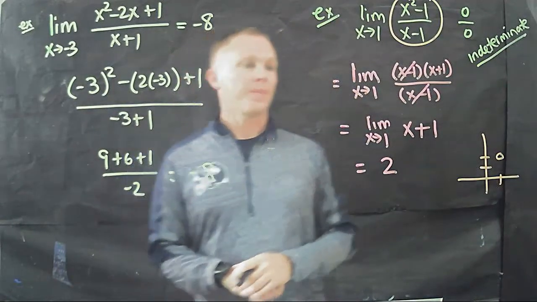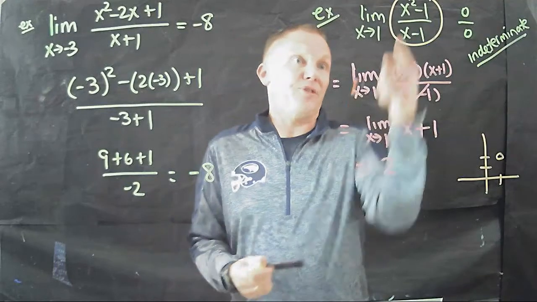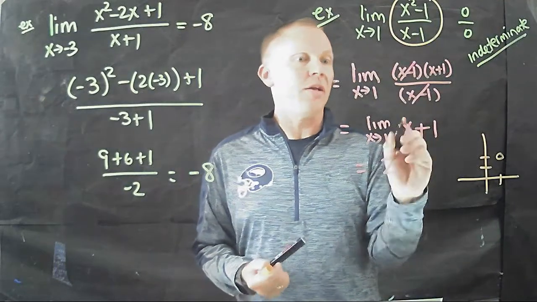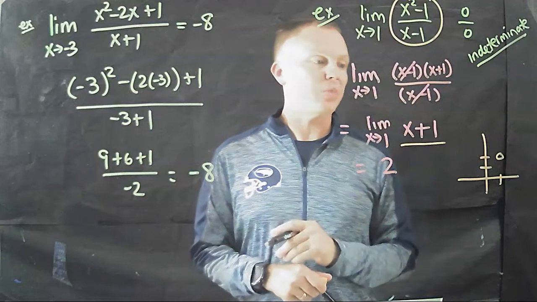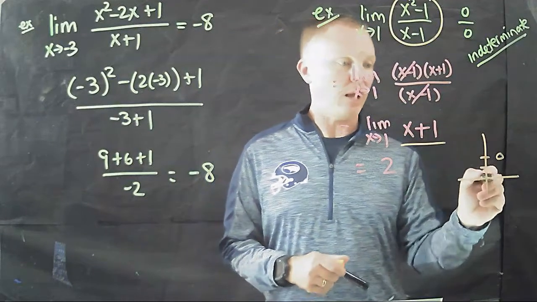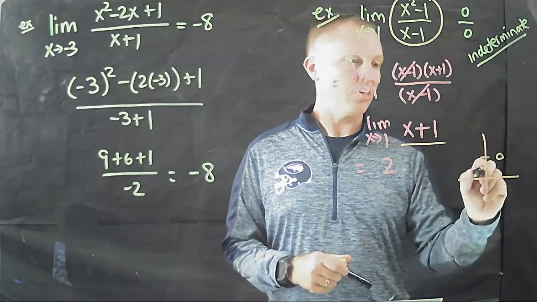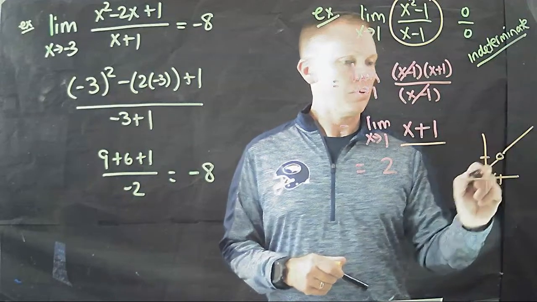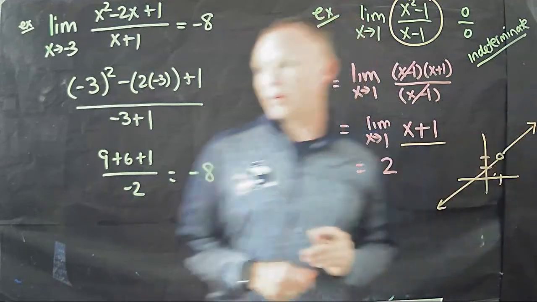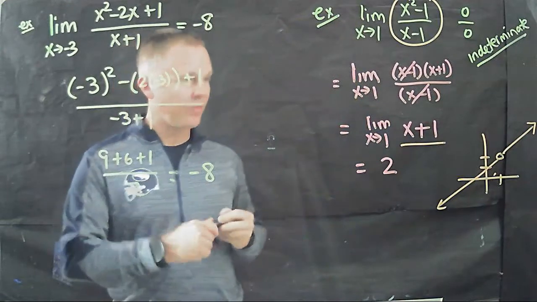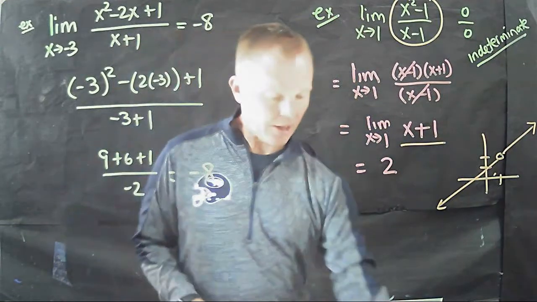And in fact, this function is just going to be the line y equals x plus 1, except it's going to have a hole at the point (1, 2). So it would look like this. I don't know if you can see that hole there, but yeah, you can see it pretty good.